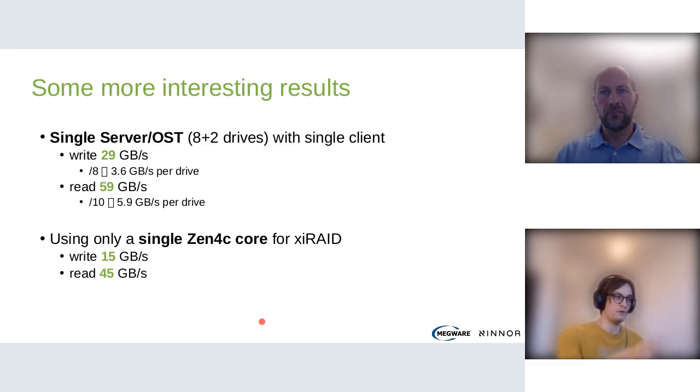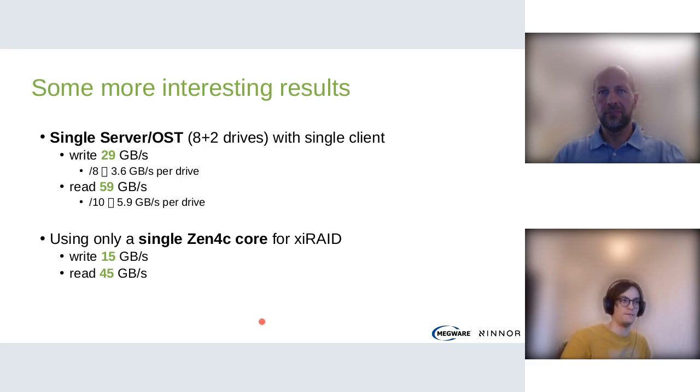And then below, you can also see a result using just a single Zen 4 core, because Davide mentioned xiRAID is basically using AVX instructions to do the parity calculations. So obviously it needs some CPU cycles, but the code is really super efficient because, as you can see, we just use a single Zen 4 core, and that's even a single Zen 4C core, a compact core with less L3 cache, which is a little bit slower than your usual Zen 4 core.